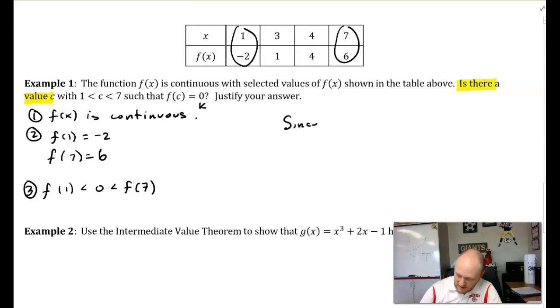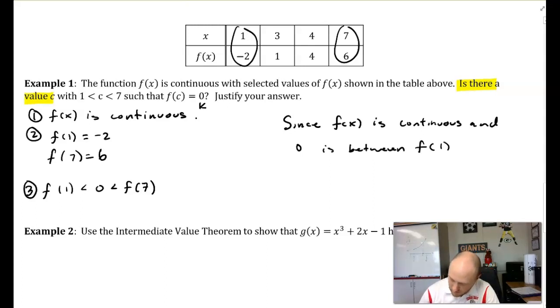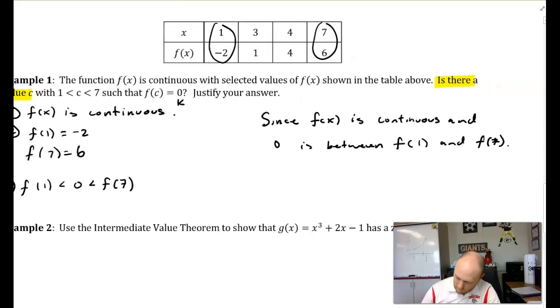So we say, since f of x is continuous and 0 is between f of 1 and f of 7, the IVT guarantees a C value.